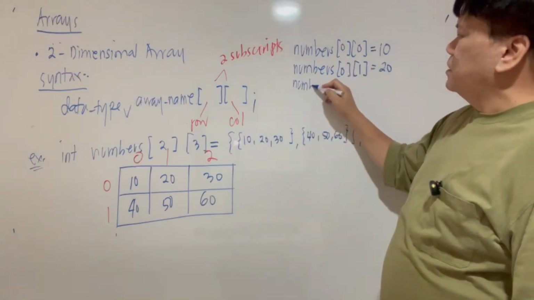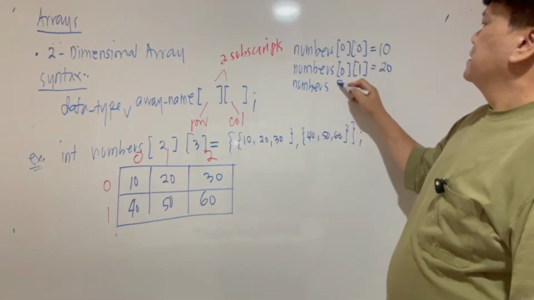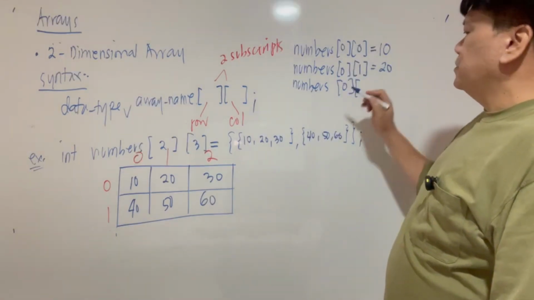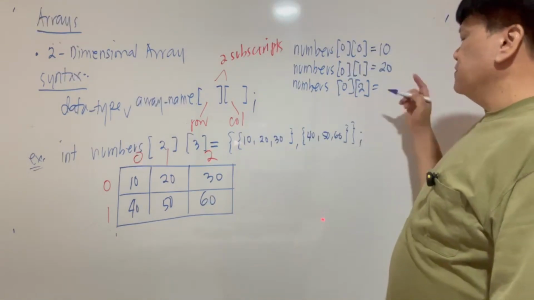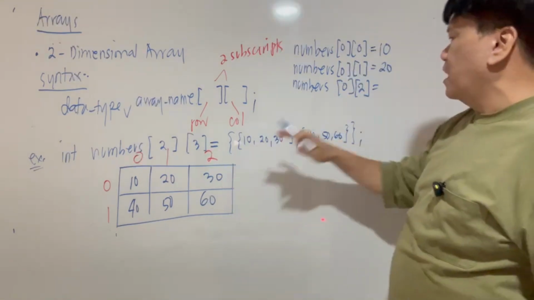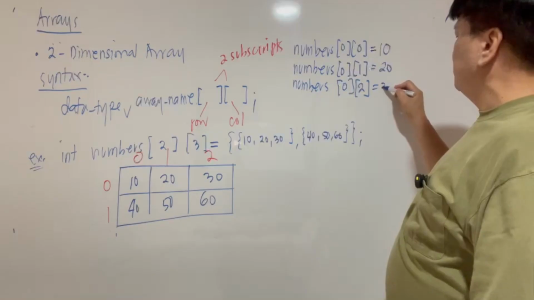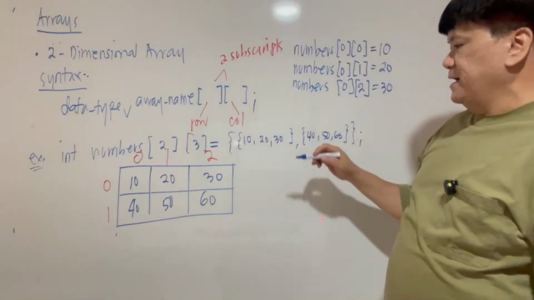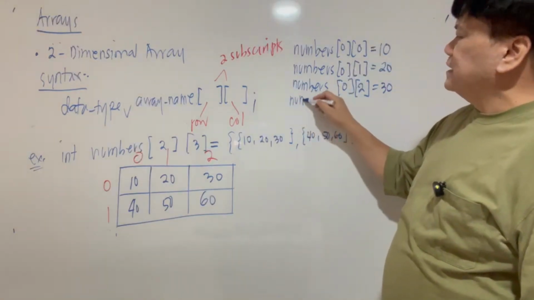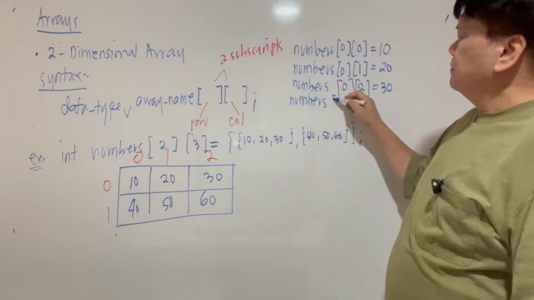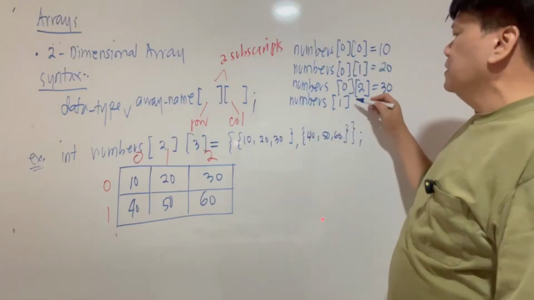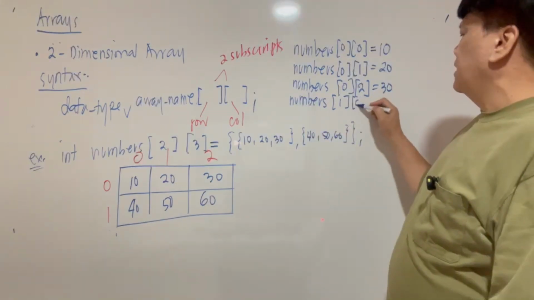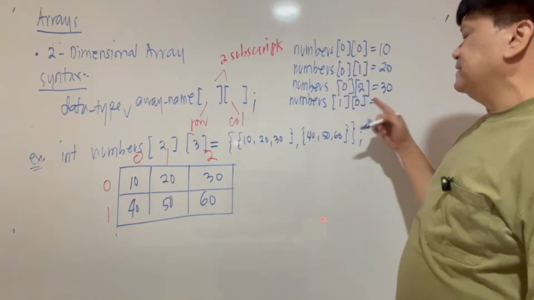Then you have numbers 0, 2, index 2 for your third column. That will give you the value of 30. And then let's go to the next row. Numbers 1, second row, and then the first column, which is index 0.